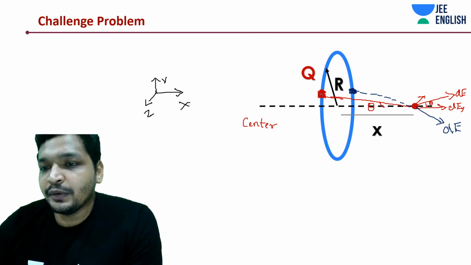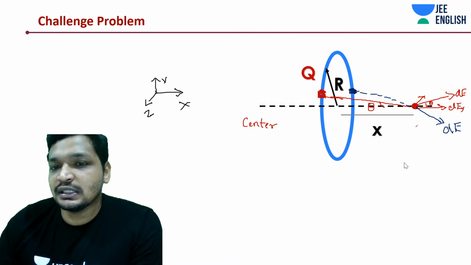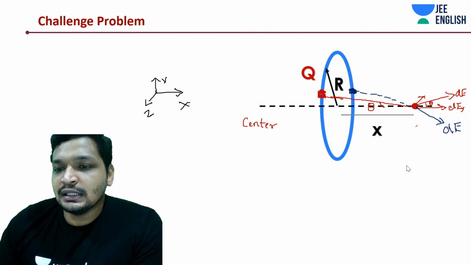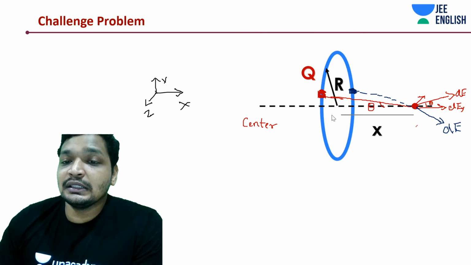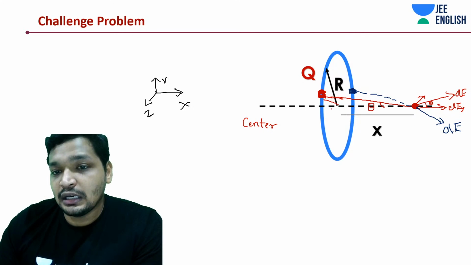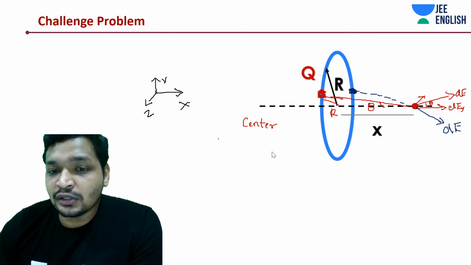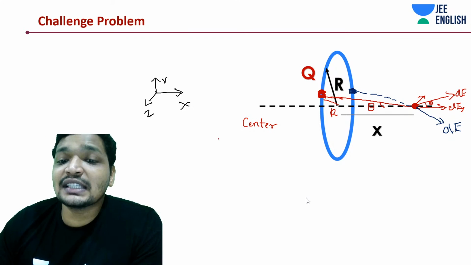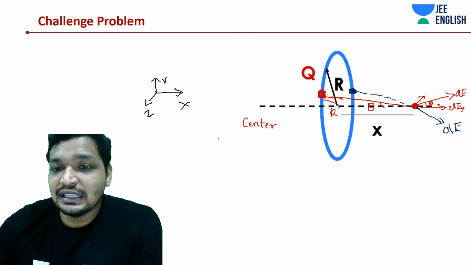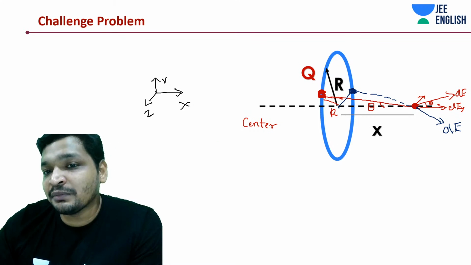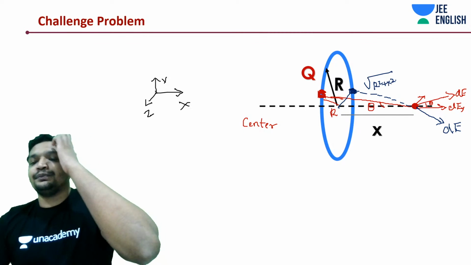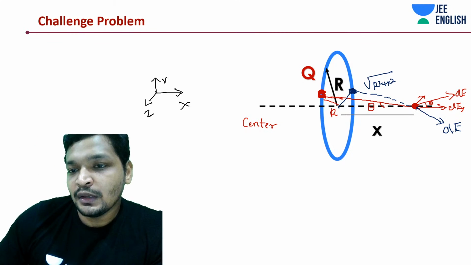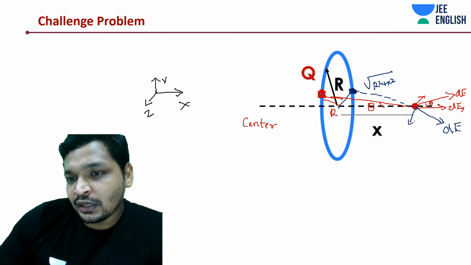Since it's a symmetrical component, the magnitude is going to be the same, the distance is the same at every single point. Think about it. This is a circular ring, this is R, this is also R, and it is at a fixed distance x. What is the distance from this element to here? Under root of r square plus x square. Now if you imagine this, this also comes out in this direction.